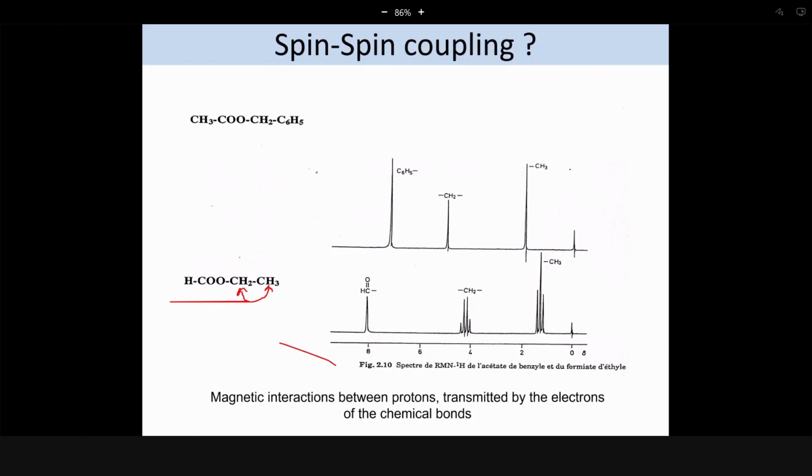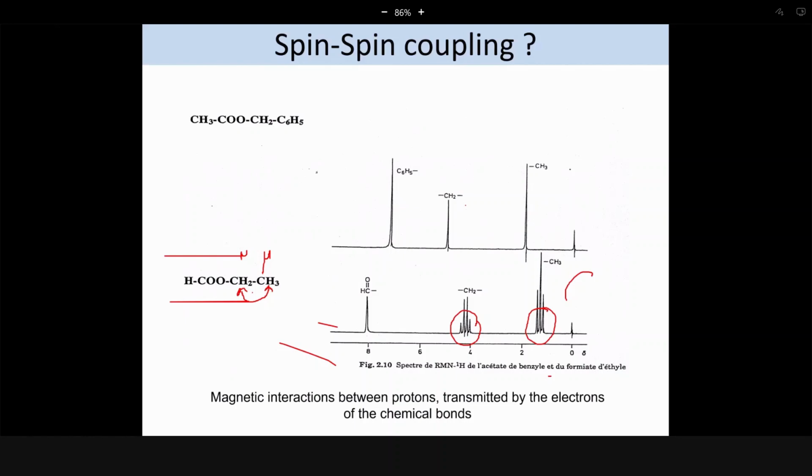Remember, a proton is a magnet. Let's say I have a mu value here, and here I have another one. We have 2 magnets that are interacting with one another, and this interaction is characterized by a splitting of the signals depending on the number of protons in the group.